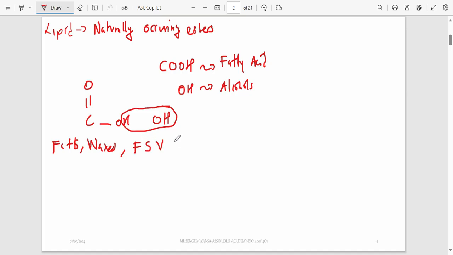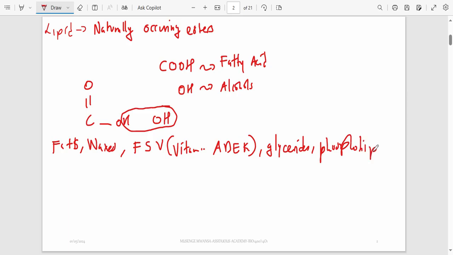These are also lipids. What are the fat soluble vitamins? These are vitamins we can abbreviate as ADEK: vitamin A, D, E, and K. Apart from that, we also have what we call glycerides. These are also lipids. And phospholipids.